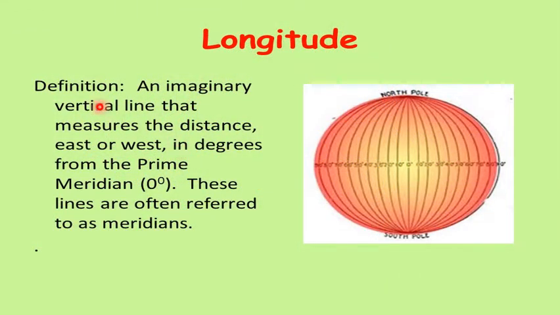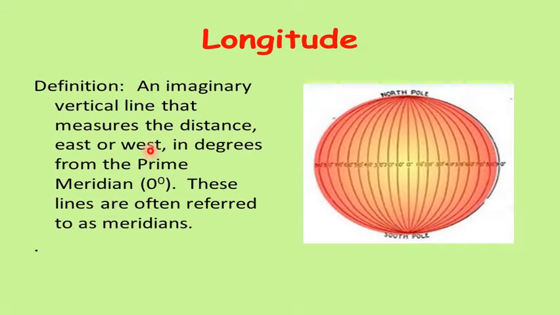So what is longitude? An imaginary vertical line that measures the distance east or west in degrees from the prime meridian, 0 degree. These lines are often referred to as the meridians. They are called meridians. We will learn about them.